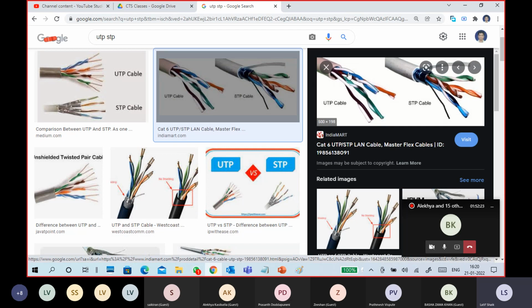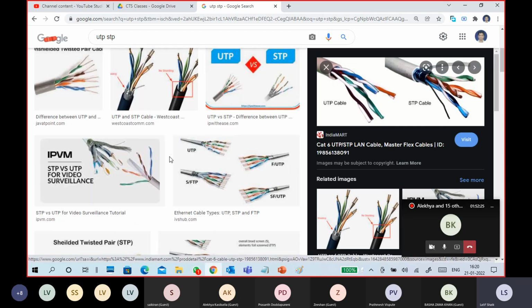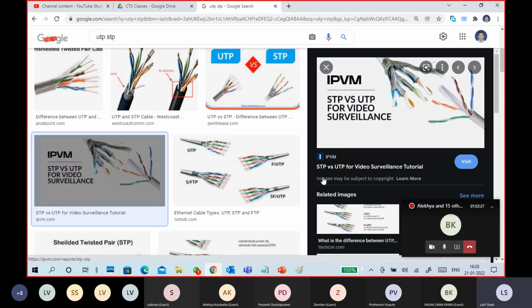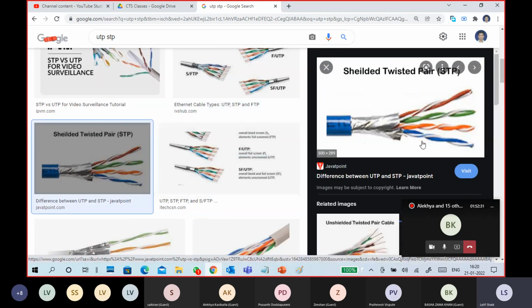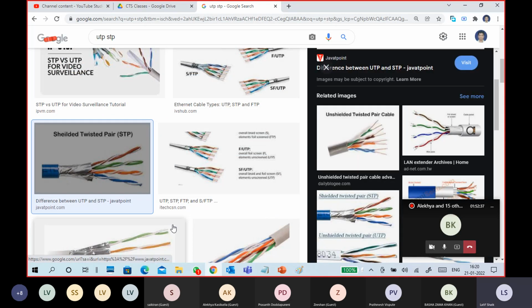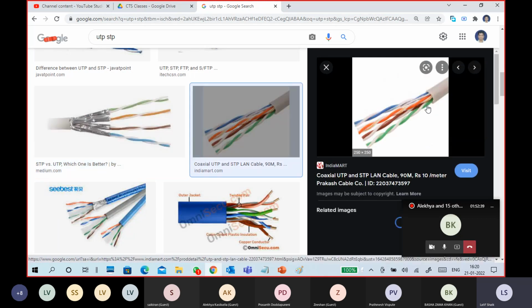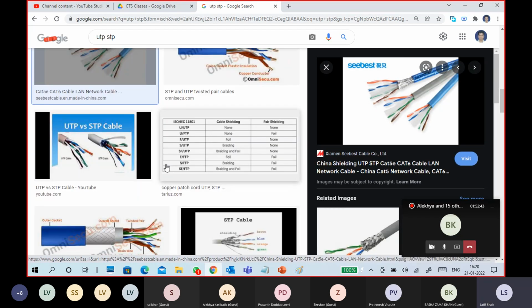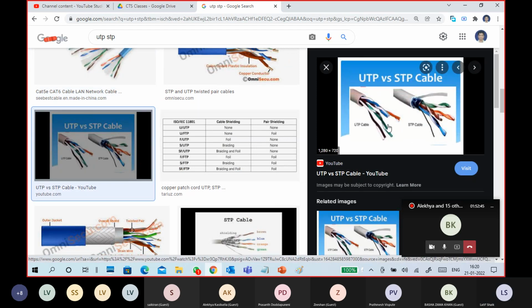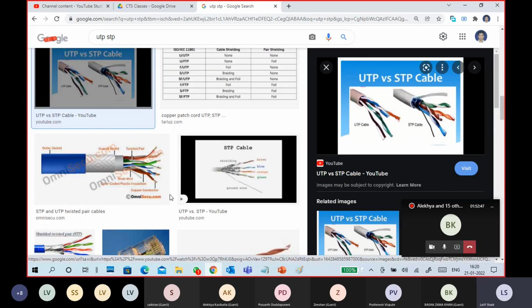If you look at the wires in the cable, they are twisted around each other. You can see the wires are twisted pair-wise. So what is the use of this twisting?